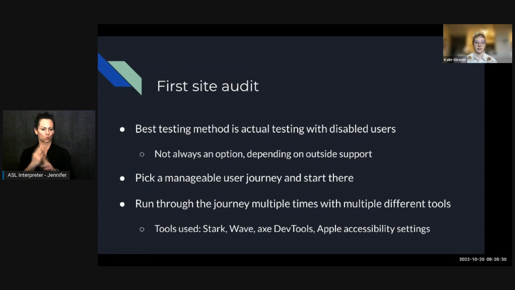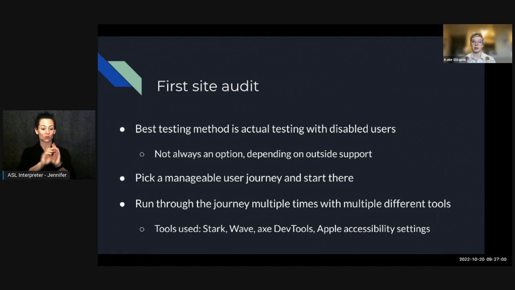Some of the tools I used were Stark for color contrast, and also seeing what various types of color blindness might look like on our site. Wave is really good for a macro view of the site as a whole, and identifying potential accessibility issues, such as when images are missing alt text.